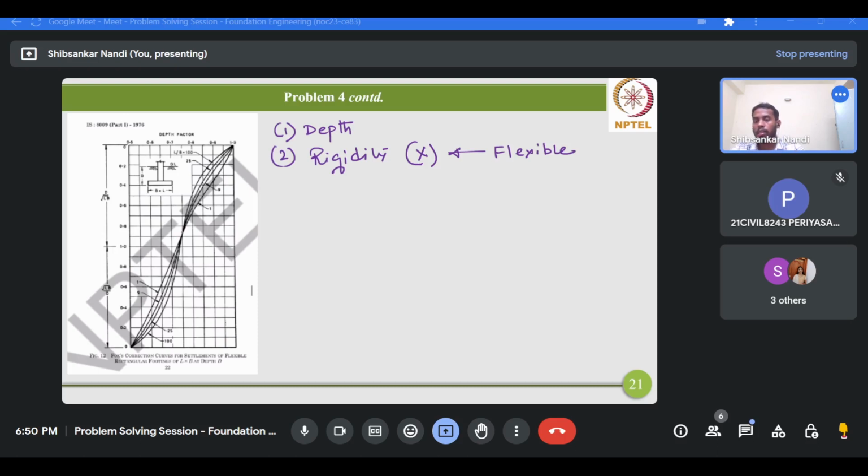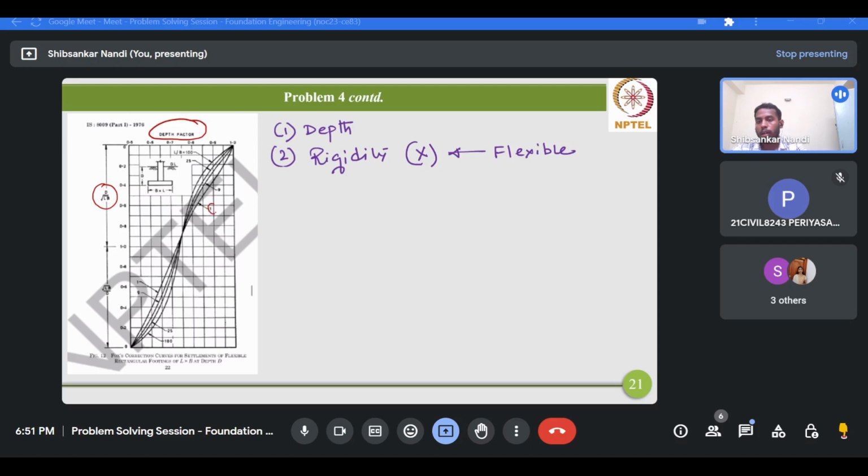Where to get the depth correction factor? On the x-axis, the depth correction factor is given with the normalized depth. Here the depth of the foundation is normalized with respect to the square root of both dimensions, the length and breadth, and these plots are given for various L by B ratios starting from 1 to 100.